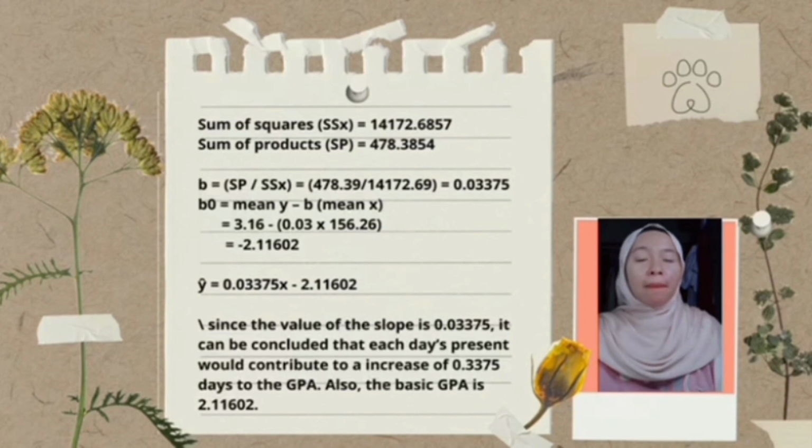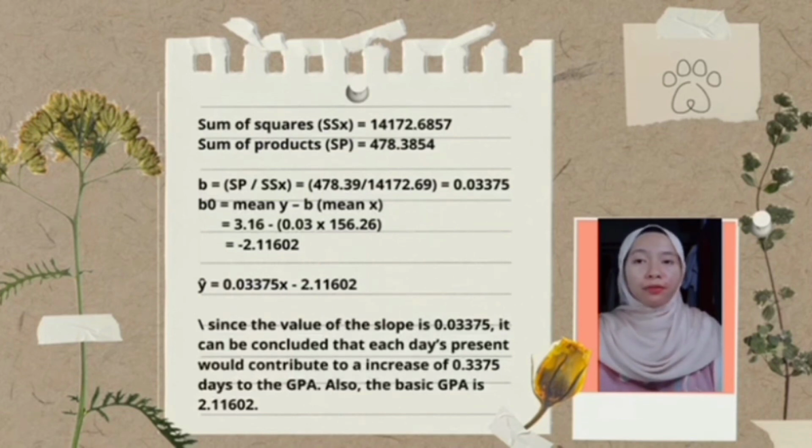b0 equals mean y minus b times mean x, equals 3.16 minus 0.03 times 156.26, equals minus 2.11602. y equals 0.03375x minus 2.11602.